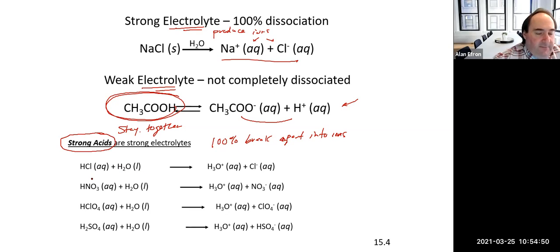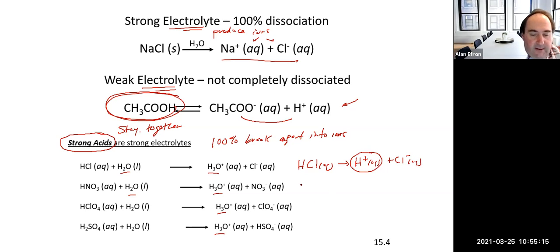These are all basically strong acids that are dissociating in water. Here they do include water in the reaction, and that's why we produce H3O plus on each of these. Each of these reactions could just be simplified by writing this reaction, and again, without the water, we get the H plus. So again, it's just a more simplified version of the same reaction.